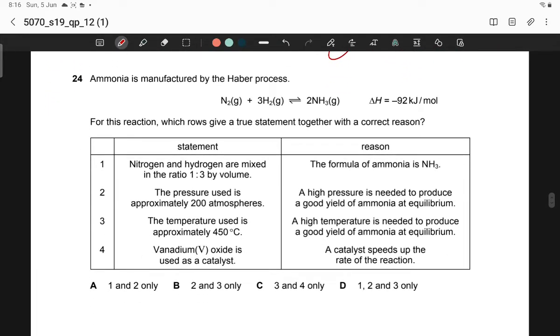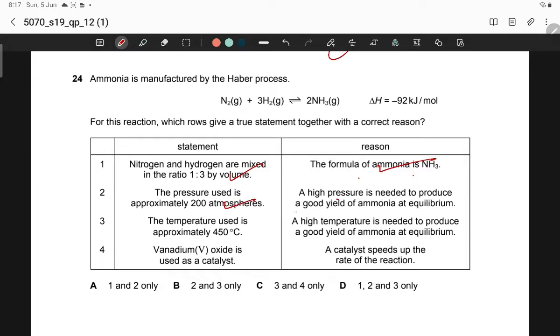Question number 24. Ammonia is manufactured by the Haber process. For this reaction, which row gives a true statement together with the correct reason? Nitrogen and hydrogen are mixed in the ratio of 1:3 by volume. The formula of ammonia is NH3. The pressure used is approximately 200 atmospheres.